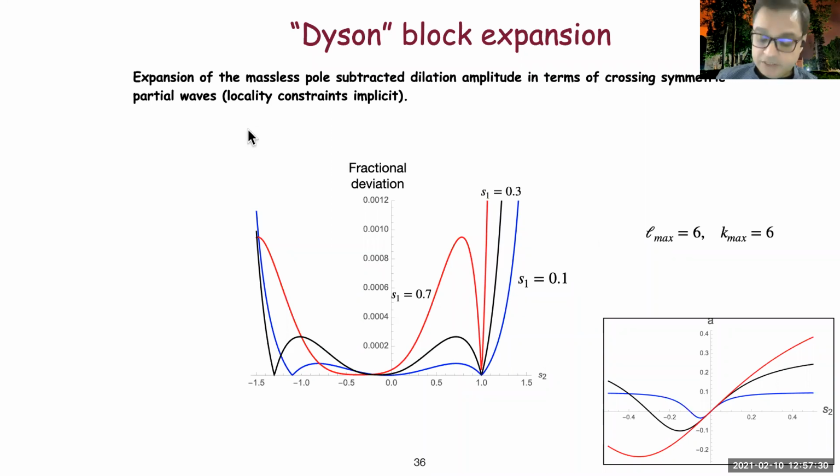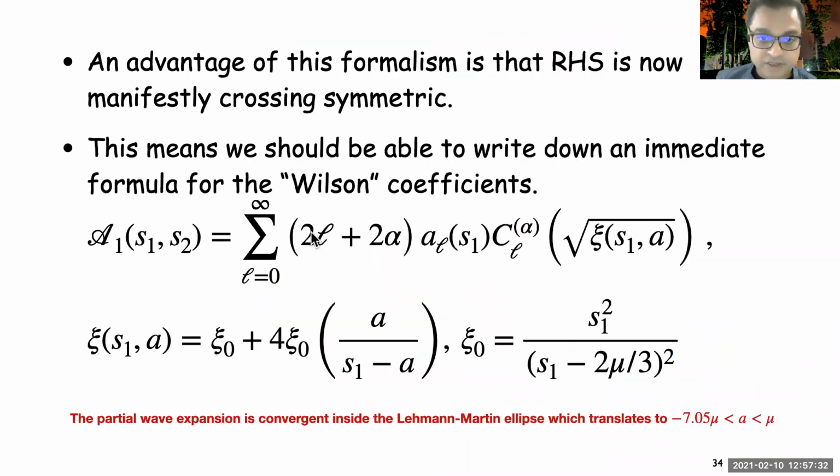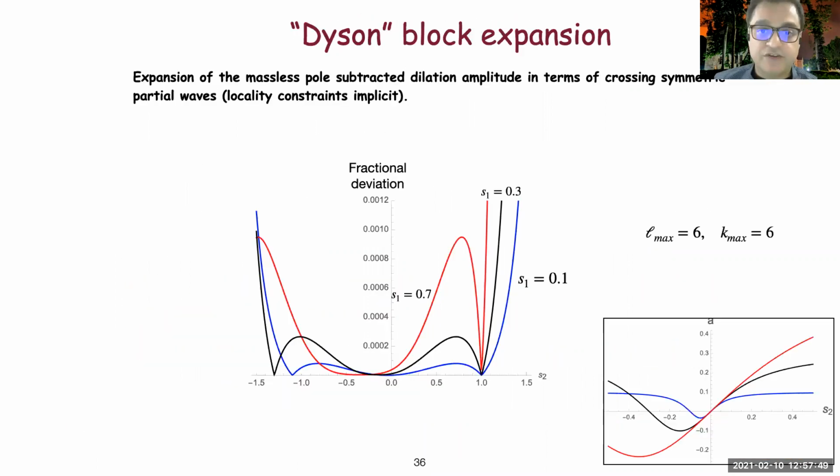So this means that we are just expanding in this kind of an expansion where there could be these negative powers of x. Maybe when you sum over the physical spectrum, the negative powers of x will cancel. But individually, for each L, there could be these negative powers of x. That kind of an expansion I will call the Dyson block expansion. You can do the same game that we played.